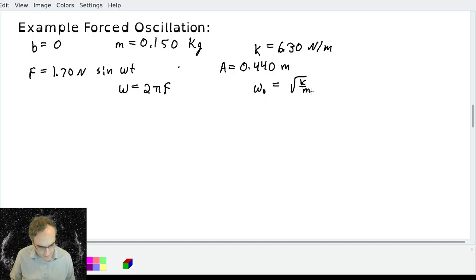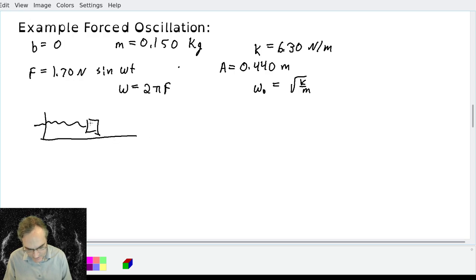So we will want that at some point as a reference point. So we've got a spring attached to a wall, we've got a mass somewhere in here. We have damping equal to 0, so it's nice and simple, and then we have this attached to some kind of forcing function.